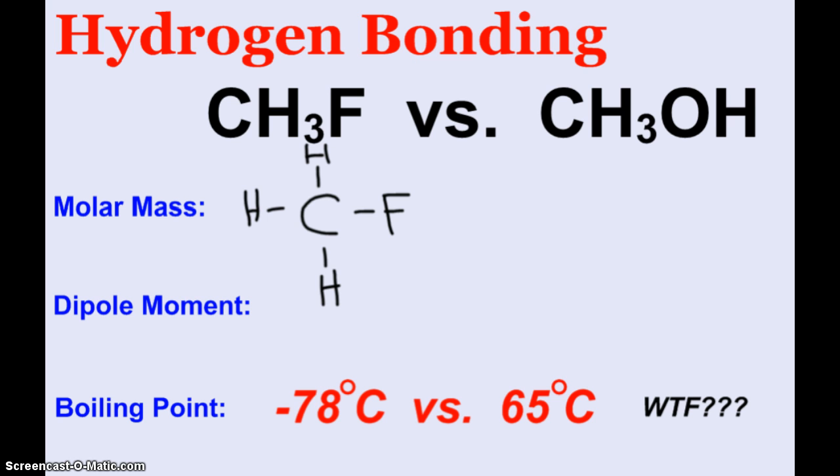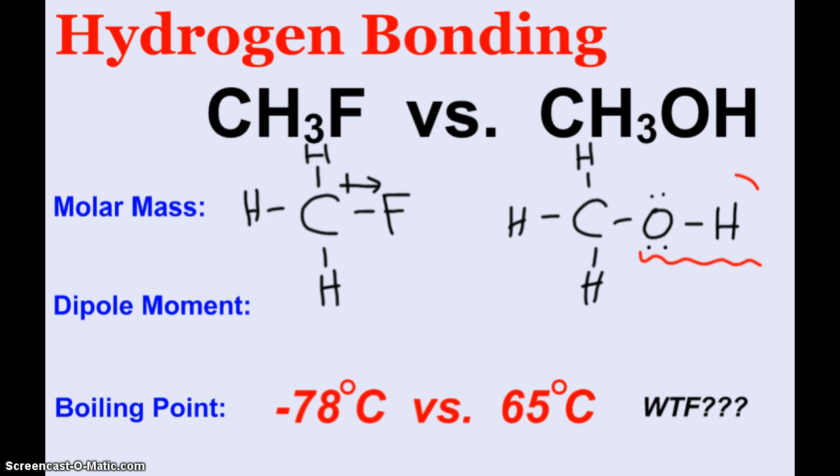So yes, we have the dipole moment and we have dipole-dipole interactions. But with this molecule over here, the hydrogen is going to be attached to that oxygen. And because of that, right here, this hydrogen is eligible for the hydrogen bonding. And that's why we see such an incredible difference between the boiling points.